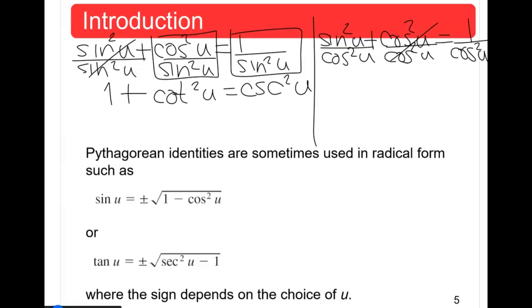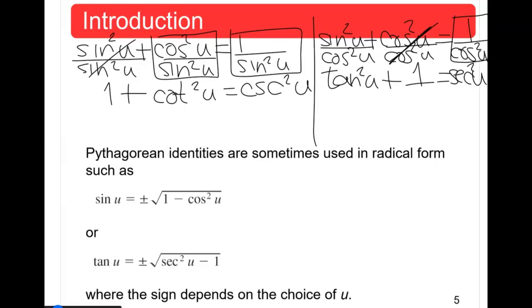We're just changing the way it looks. So sine divided by cosine happens to be tangent. So tangent square of u plus this one equals 1. We say they cancel, but they don't disappear. They equal 1. And then finally, by the reciprocal identity, 1 over cosine square will be secant square of u.